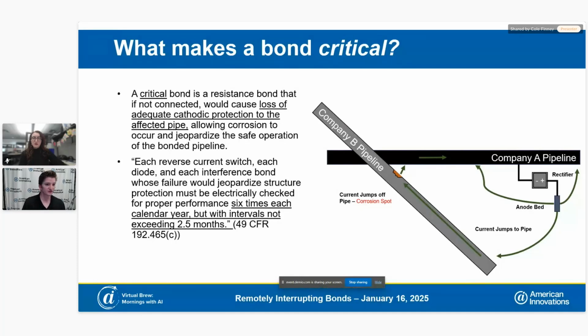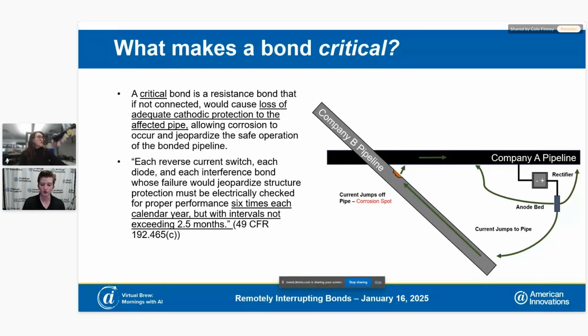But again, just to briefly recap, a critical bond is a bond where, if it was disconnected, you would probably lose adequate cathodic protection, and it would jeopardize the safe operation of your pipeline. These bonds are also very important because they help determine the direction of the current flow.